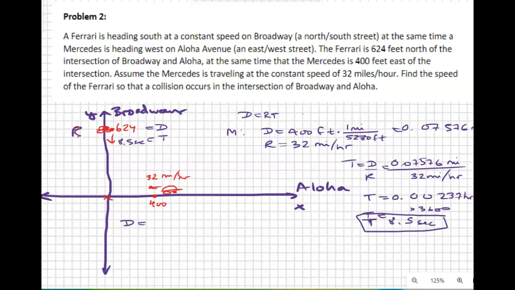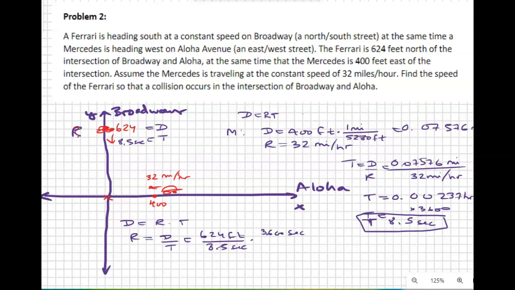Okay, so distance equals rate times time, so rate is going to be distance over time. We have 624 feet divided by 8.5 seconds. Let's change this to miles per hour.